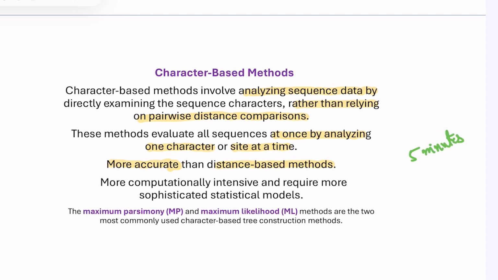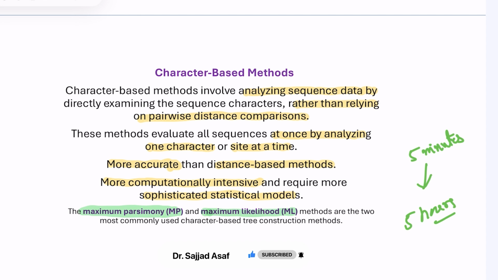But if you upload the same data to any software, for example MEGA software, and you want to construct the phylogenetic tree by maximum likelihood, these two methods, maximum likelihood and maximum parsimony, are character based methods. If we use this software to construct the phylogenetic tree from the same data, maybe it will take 5 hours. So the point here is that these methods are more computationally intensive and require more sophisticated statistical models.